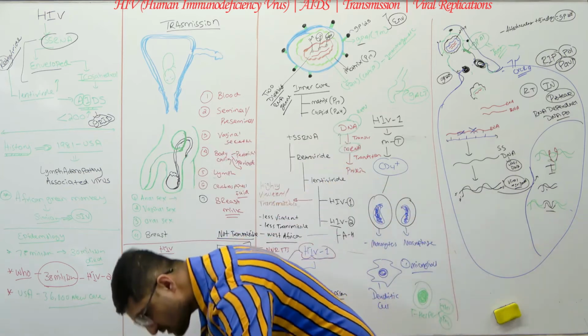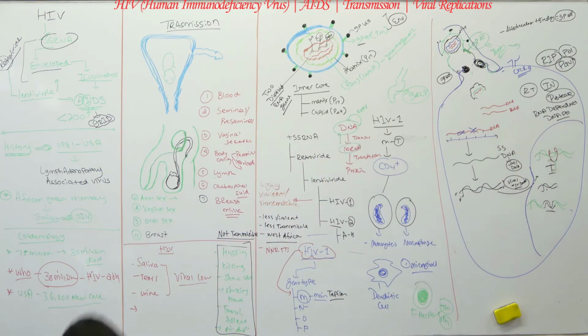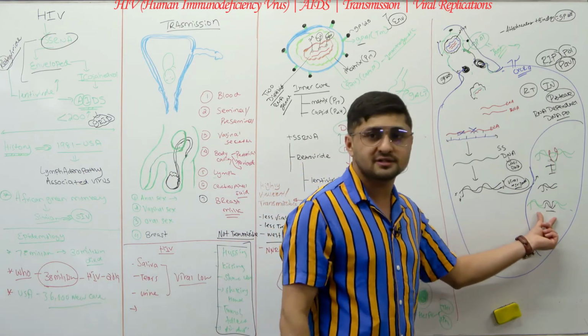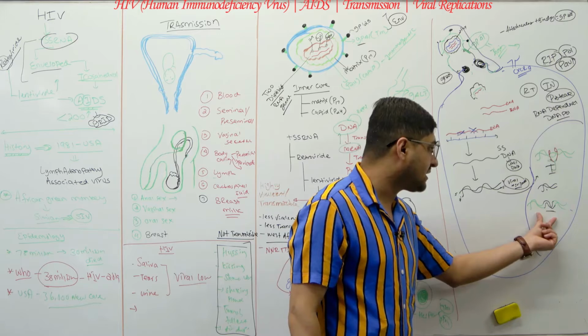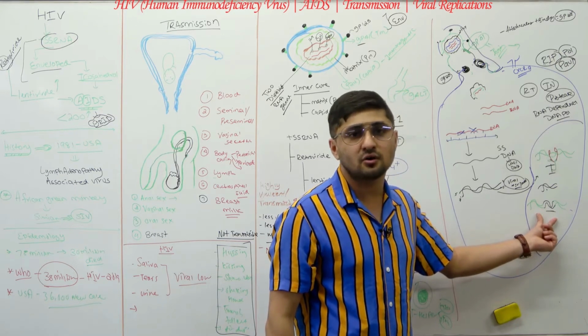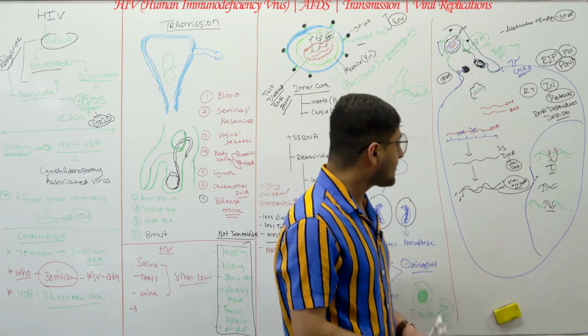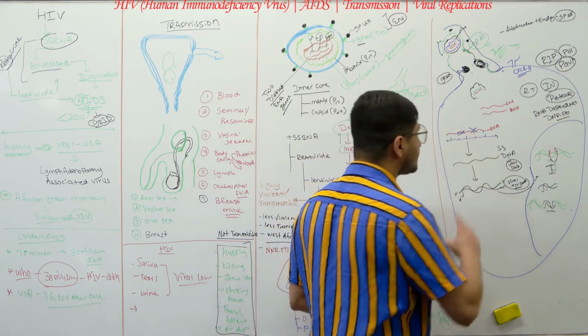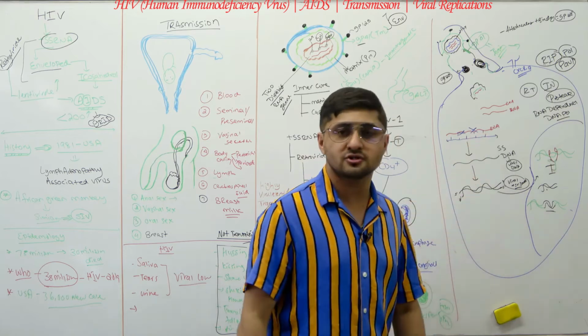And when it does, what else happens? Now the viral DNA is incorporated inside the DNA of the cell. Once it's incorporated, it's always going to be incorporated, right? That's why it is very important to understand that there are different drugs that work on this reverse transcriptase enzyme.